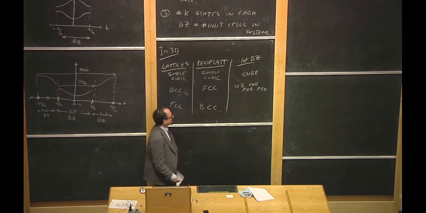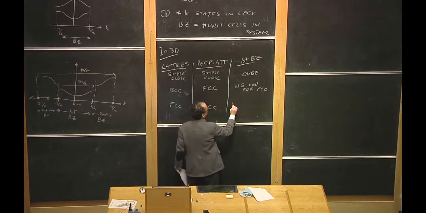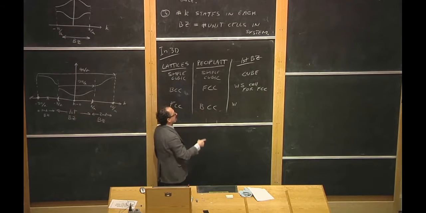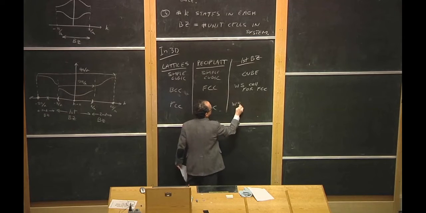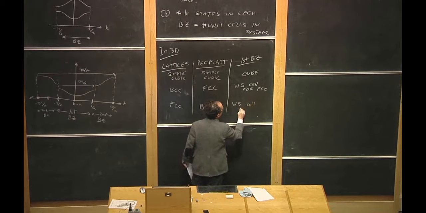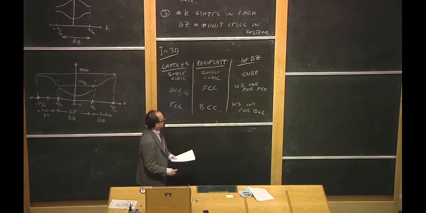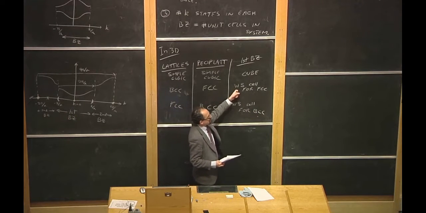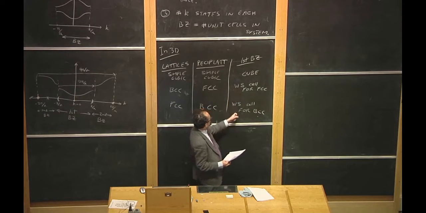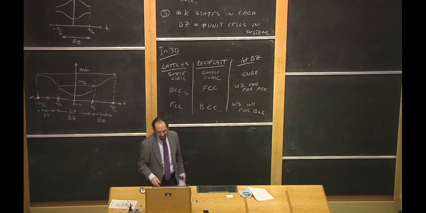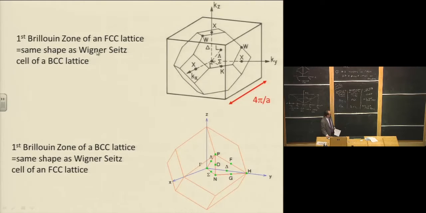It was a truncated octahedron. I'll show you a picture in a second. And for the FCC lattice, the reciprocal lattice is BCC. And so you get the Wigner-Seitz cell for BCC here. Actually, I may have said this one is the truncated octahedron. No, this one's the truncated octahedron, and this is the, let me just show it on the slide. OK, so this is the first Brillouin zone of an FCC lattice.